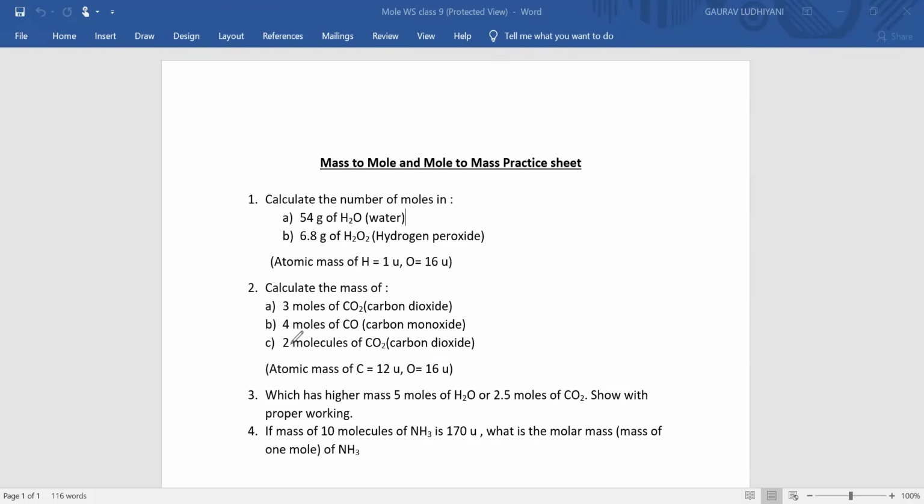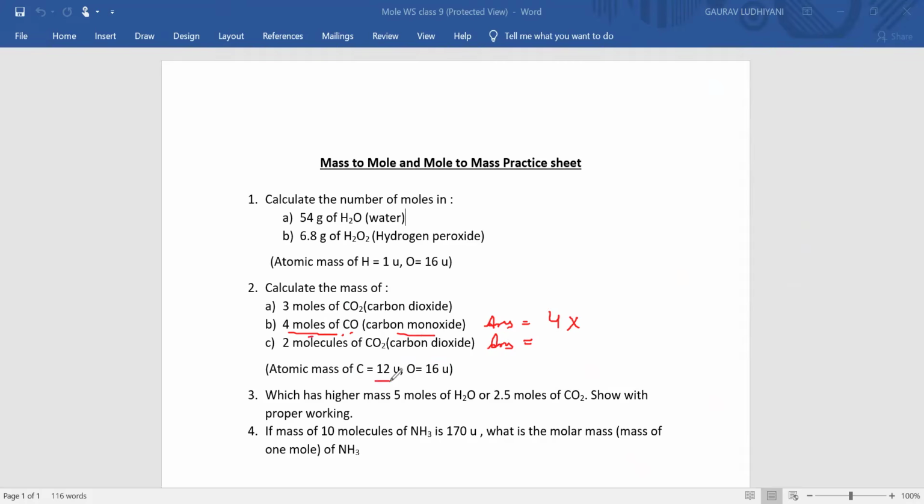So similarly, now I'm sure you'll be able to do question number 2, B part. I'm sharing the answers with you so that you can cross check and verify. So mass of 4 moles of carbon monoxide, CO, will be 4 times mass of 1 mole.